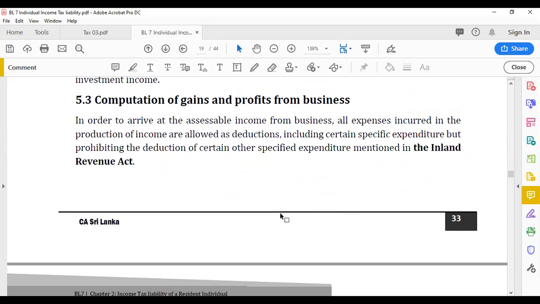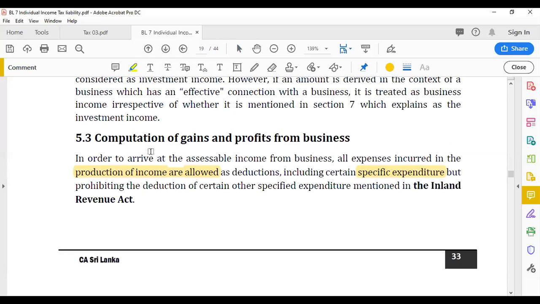Computation of gains and profits from business. In order to arrive at the assessable income from business, all expenses incurred in production of income are allowed as deductions, including certain specific expenditures, but prohibiting deductions of certain other specified expenditure mentioned in the Act.